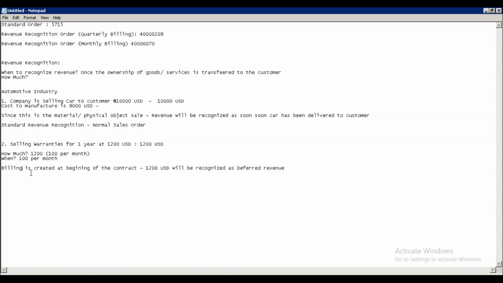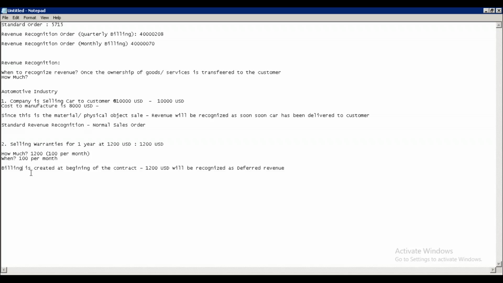And if we want to pay upfront, we need a bill. So normally we ask these companies to give us the bill. Now, if they give us the bill, they are already booking some kind of accounting entries in their books because they want to collect the payment from us. But although we are creating the billing document, we want to make sure that this billing is not recognizing the complete revenue in a particular month.